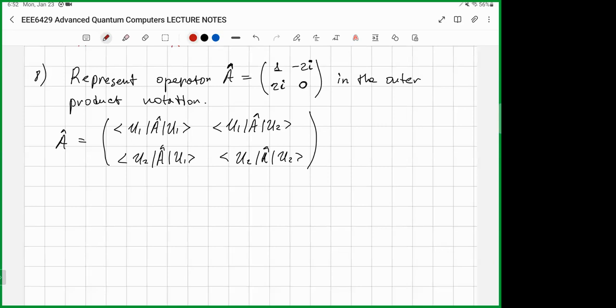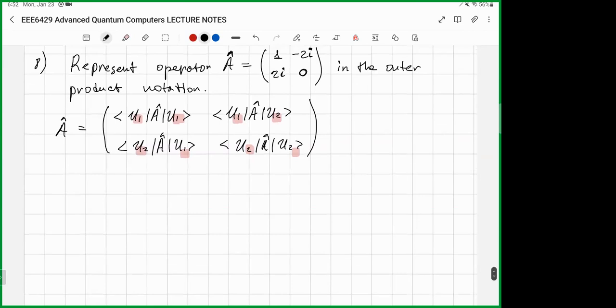So basically the elements 1,1, 1,2, 2,1, 2,2. This is by definition.